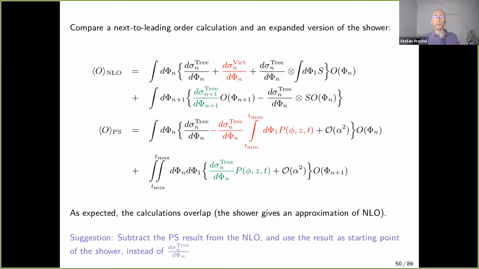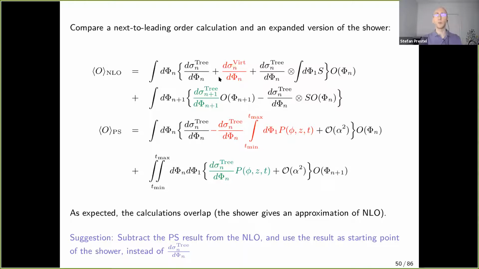Let us compare a next-to-leading order calculation, like we have written down at the end of the last lecture, to the expanded version of a parton shower. For the next-to-leading order calculation, we saw that in order to describe an observable at next-to-leading order accuracy, we needed to include a tree level calculation, virtual corrections, all of these loops.